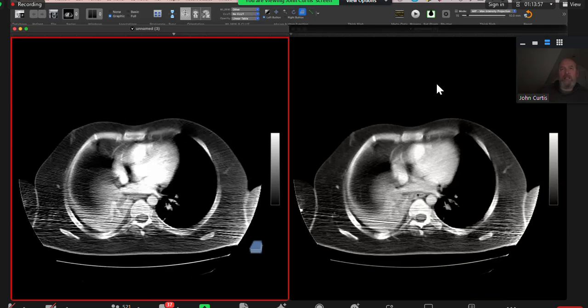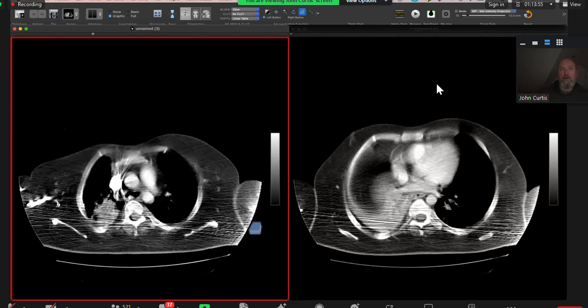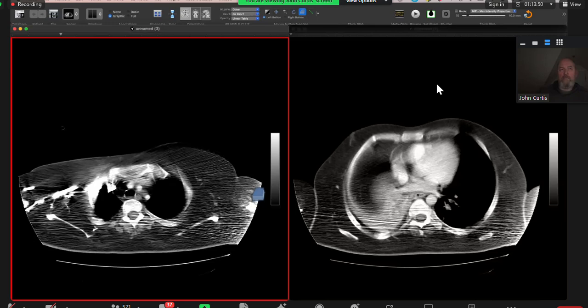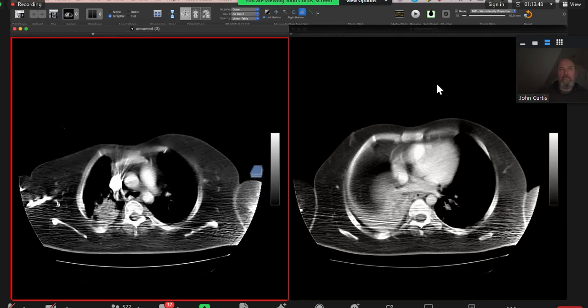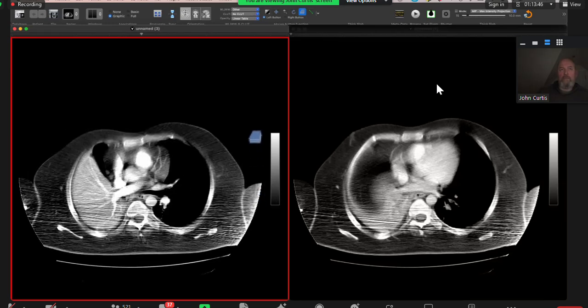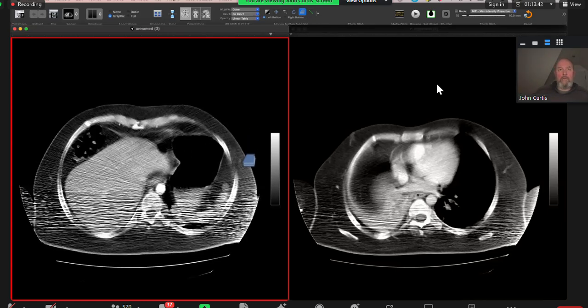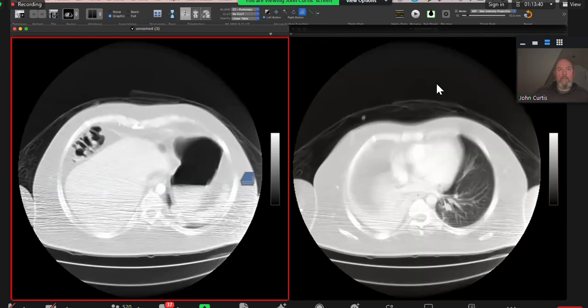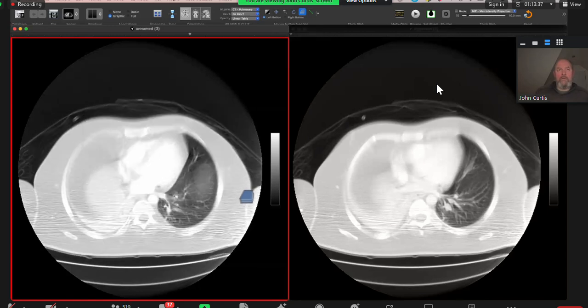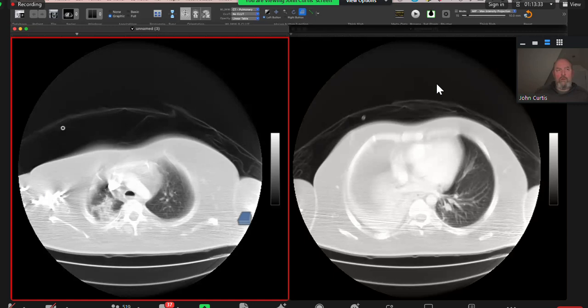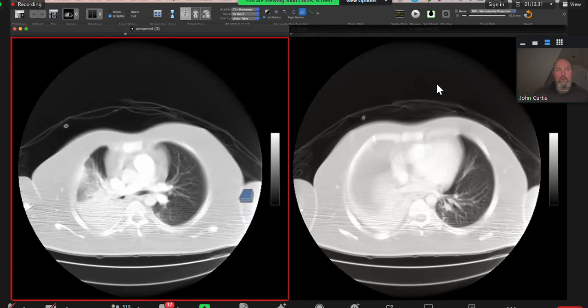So there's the top of the chest. On the right side, I could appreciate some lung collapse. Yeah, good. Now I'm just going to check if there's anything obstructing the endobronchial.